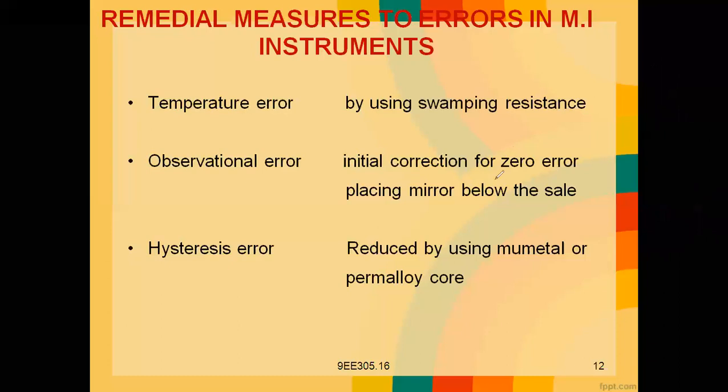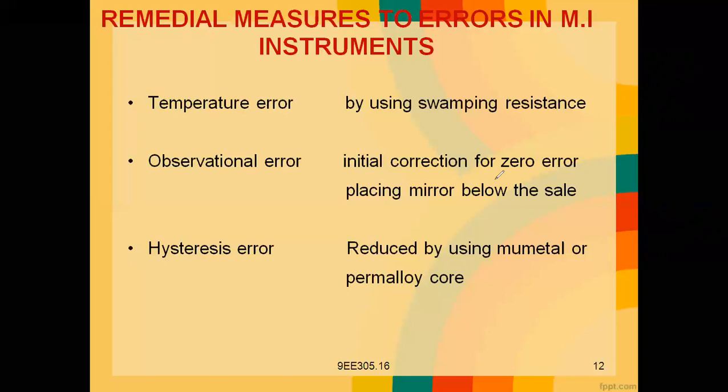Now to reduce the parallax error, we have to use a mirror. Generally, most of the meters will have a mirror behind the scale. So we have to take the reading in such a manner that we should not be able to see the image of the pointer in the mirror.